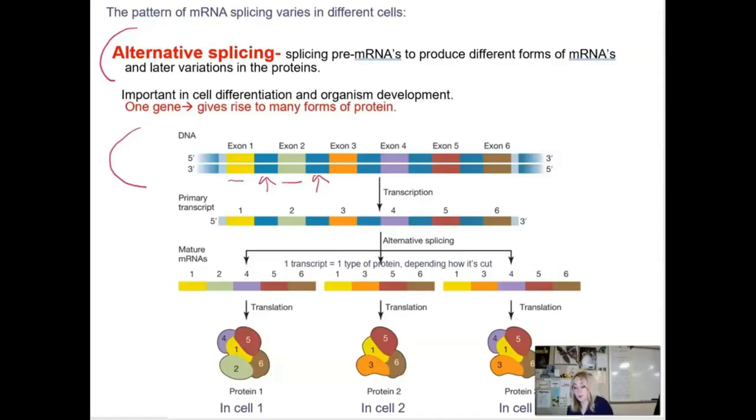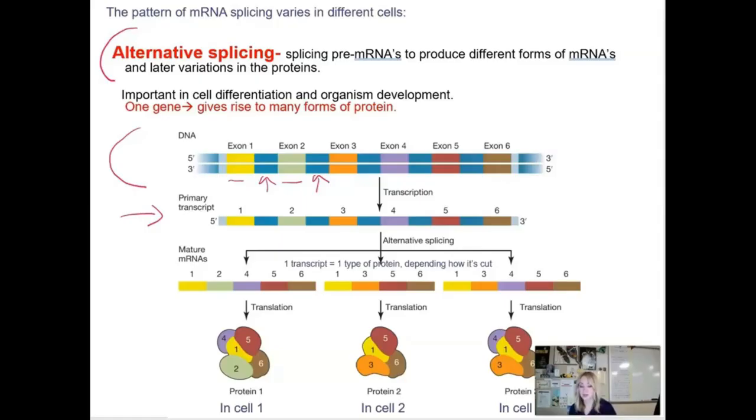So when the primary transcript is produced, it will have everything. So we'll have exons and we'll have introns, exons, introns. This primary transcript has to be processed. So we are removing the introns. But guess what? Not only do we remove the introns, we can also remove exons.